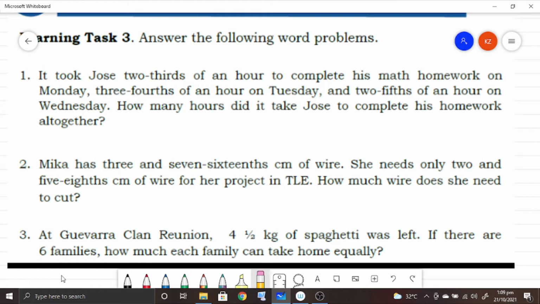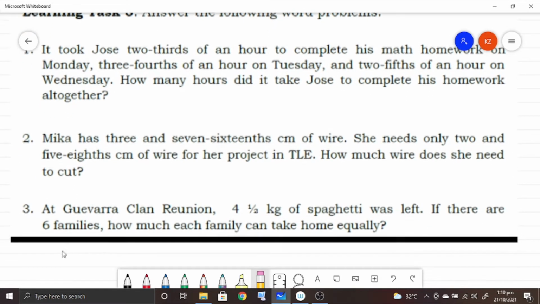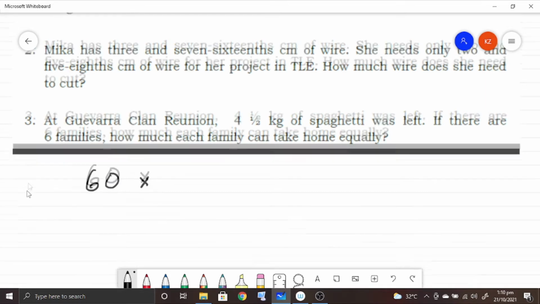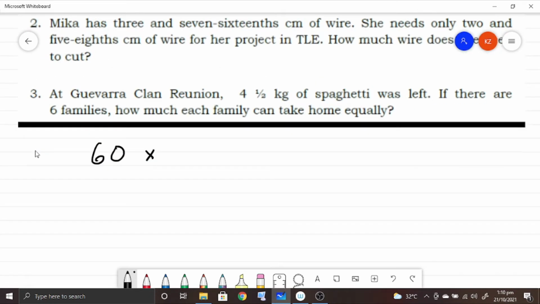So for number 1, it took Jose 2/3 of an hour to complete his math homework on Monday. So sa isang oras, meron tayong 60 minutes. Okay? Times, ilang minuto daw yon? 2/3.